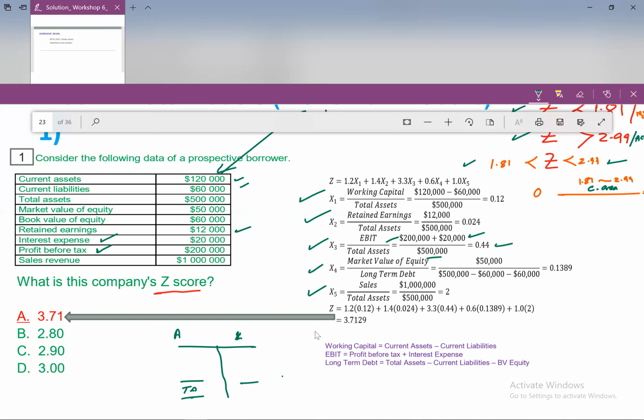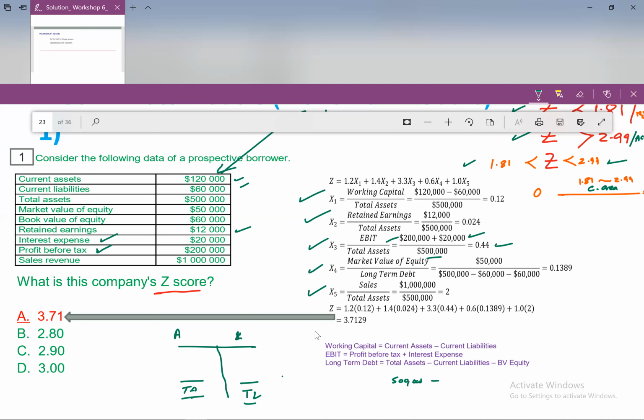Now the total asset is how much? I can calculate the long-term debt. Long-term debt is actually the total assets, which is 500,000, minus the other liabilities. Total asset equals total liabilities.